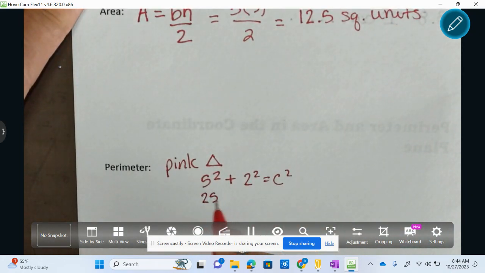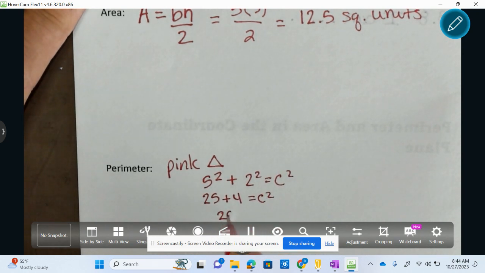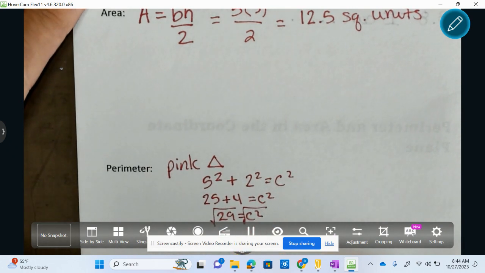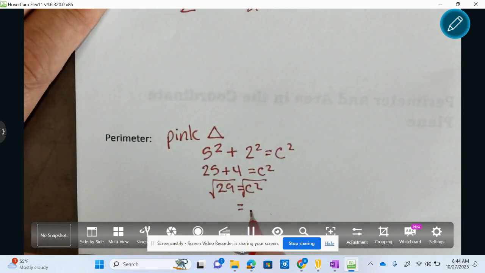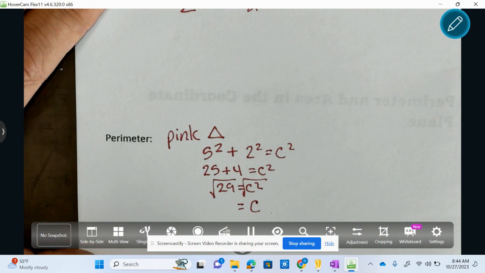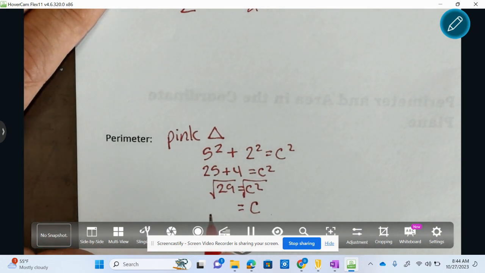That's 25 plus 4 equals C squared. 29 equals C squared. And the square root of 29 is about 5.4.